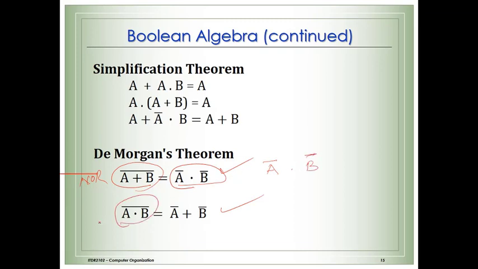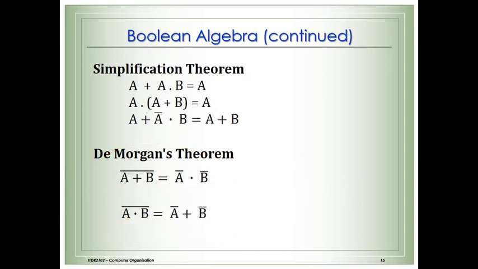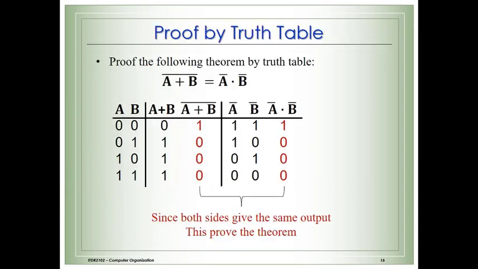Similarly, this is NAND. NAND means A AND B and its not. It can be written as not A OR not B. Okay, this is a very important theorem that we have and we will use it later on. So let's move further.